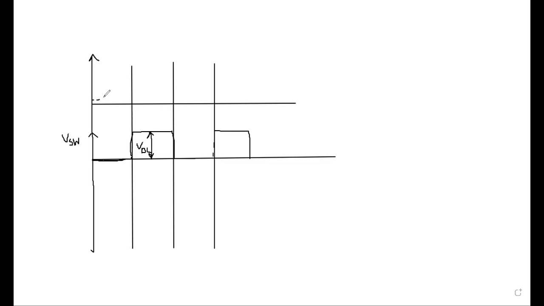There will be a little jump on this curve, and this is our inductor voltage. This point is the I minimum current.